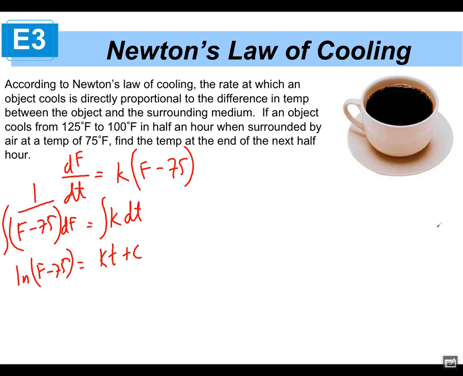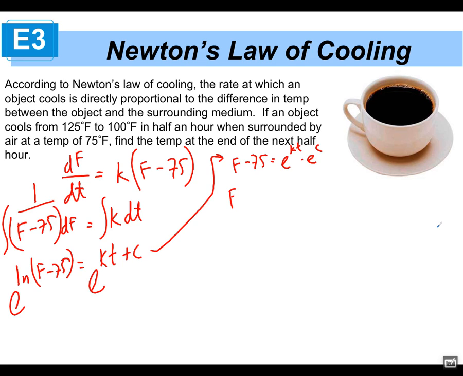Because I want to get F by itself, right? You raise both sides, do the e thing. So this will be F minus 75 equals e to the kt times e to the C. This is an important step. Even though we're going to turn that into a C, you still need to show that you understand how the math works.